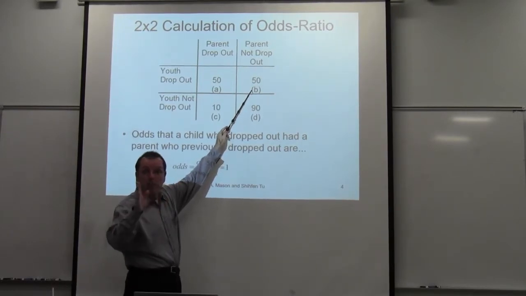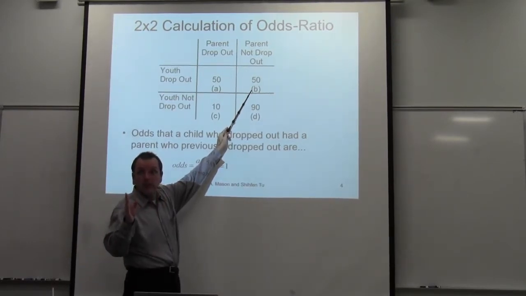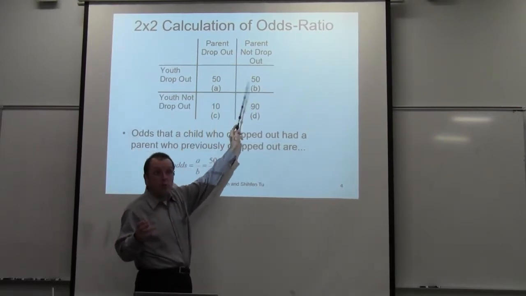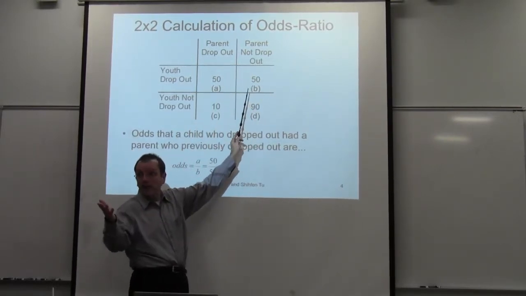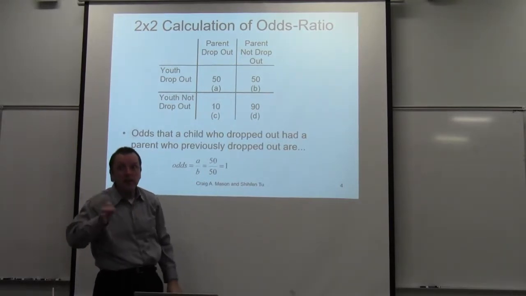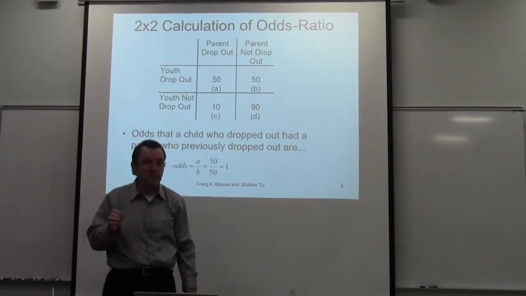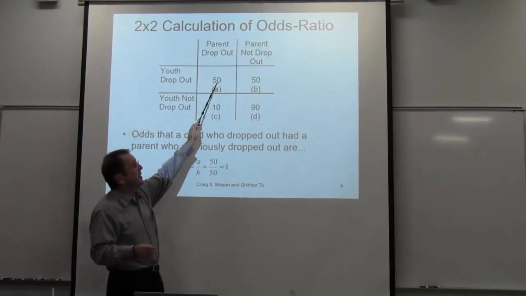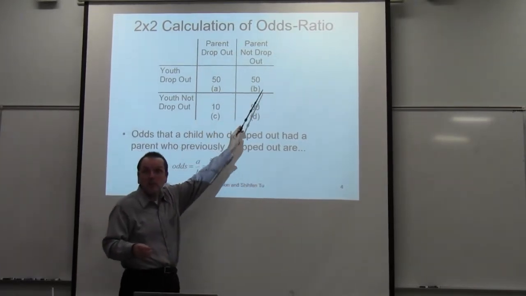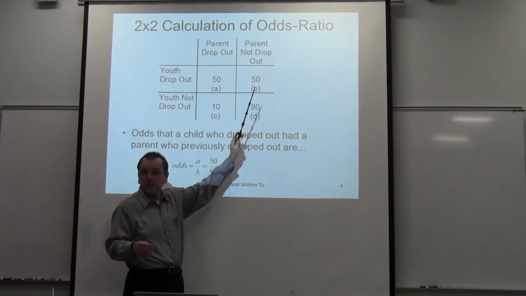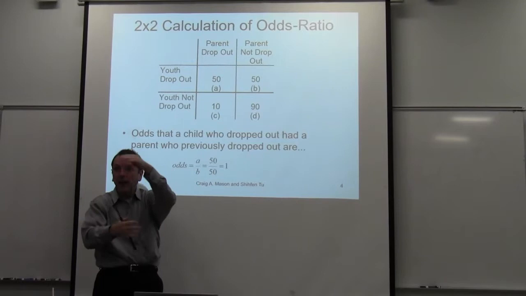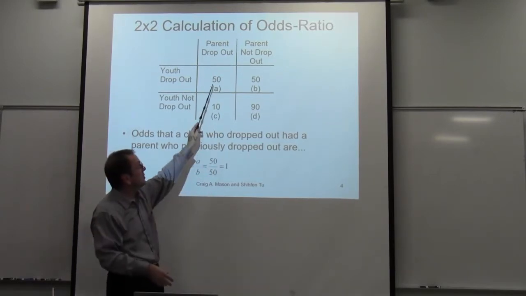Notice I'm not talking about a probability. The probability that their parent had dropped out would be 50 over 100, half of them. Odds are not probabilities. Odds are the number that did something and the number that did not. It's the yin and the yang, the flip of the flop, or the heads and the tails of the question.